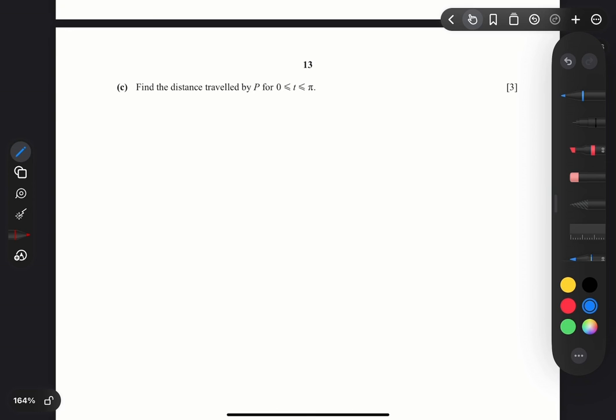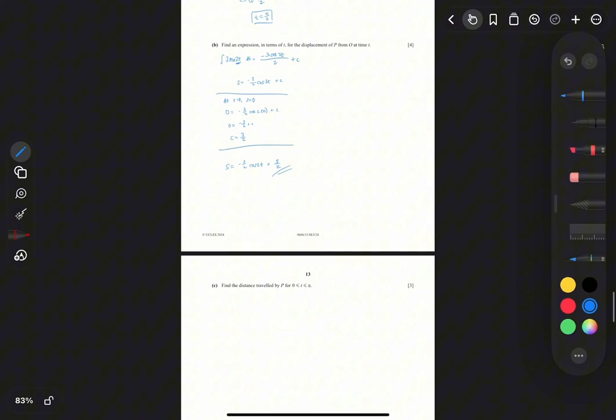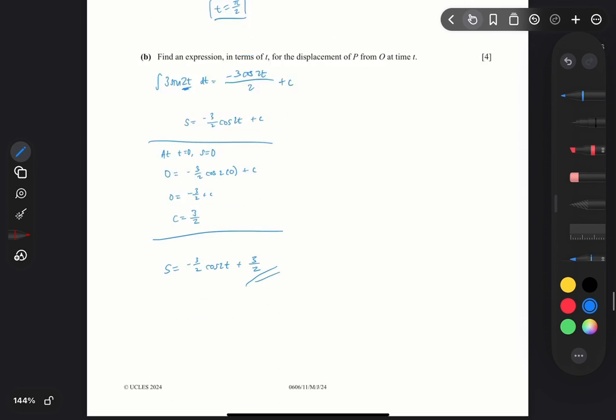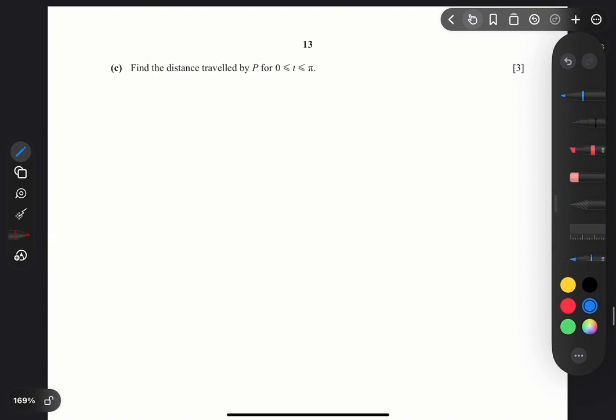Find the distance traveled by p between this time period. Okay, so to do this, you have to look back in part A, where it tells you that the velocity is 0 at time equals 0 and time equals pi over 2. So you will know that the particle has actually stopped at time equals pi over 2, and you will need to calculate the distance between 0 to pi over 2 and pi over 2 to pi.